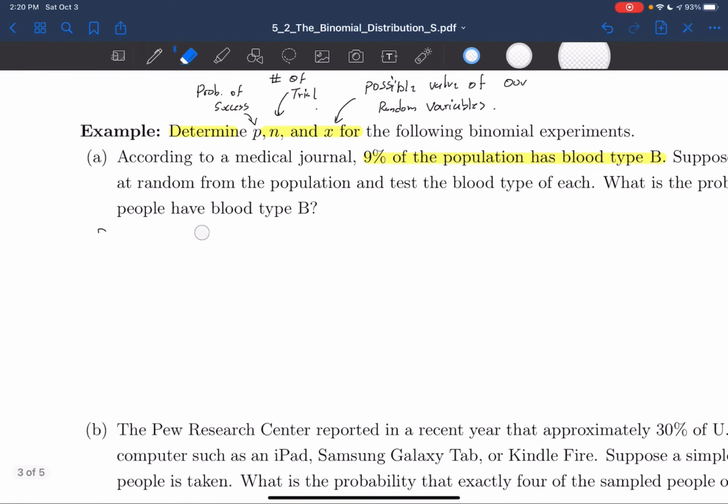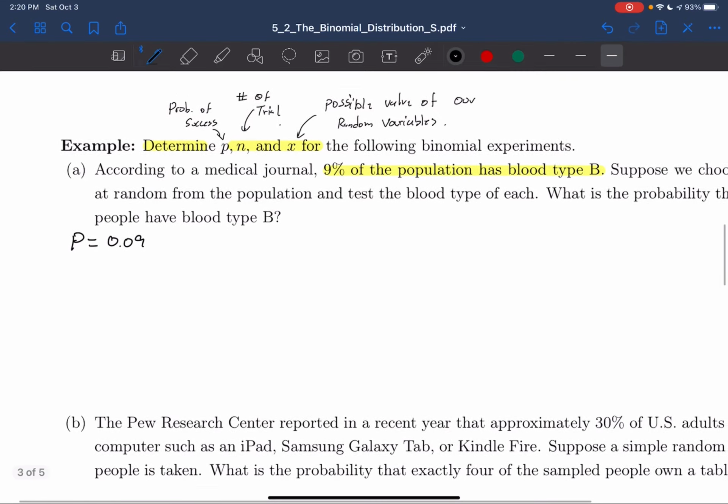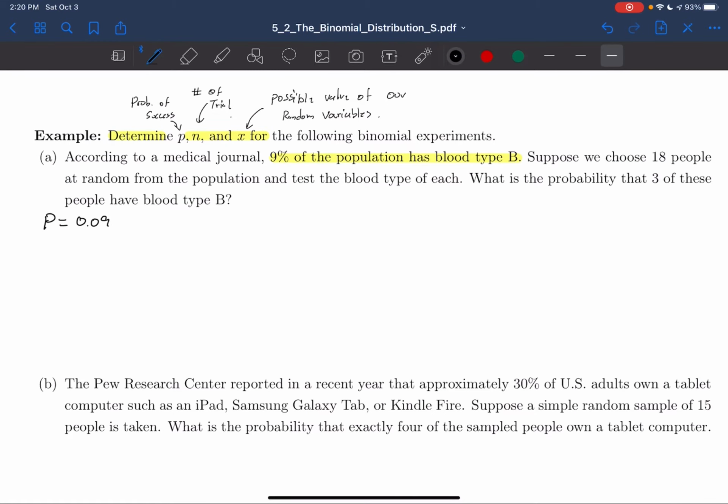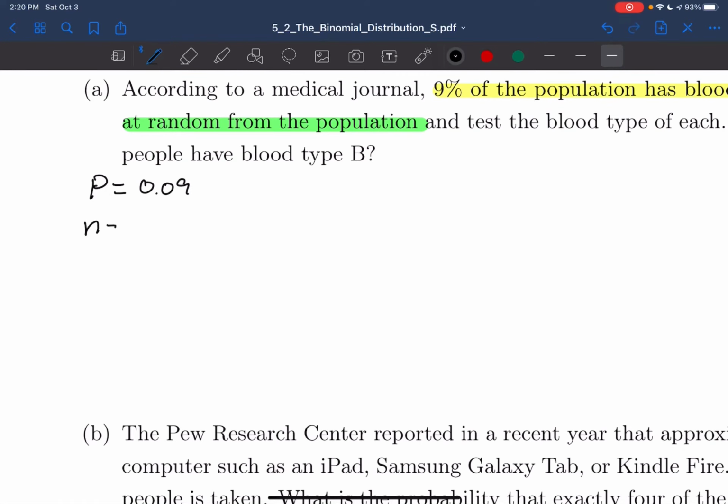Let me write that better. Since we're choosing 18 people at random from the population, our number of trials here, or our n, is 18.